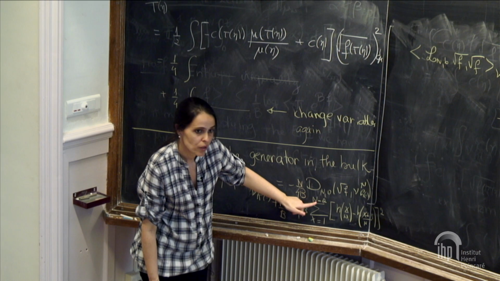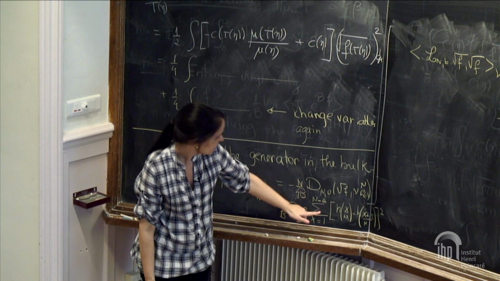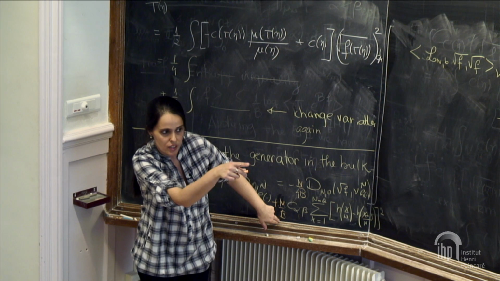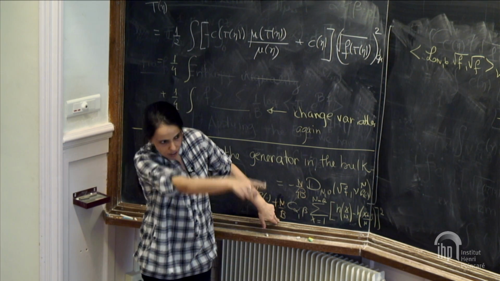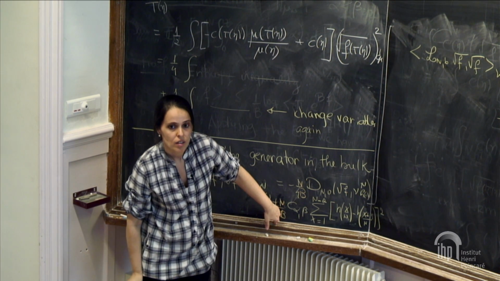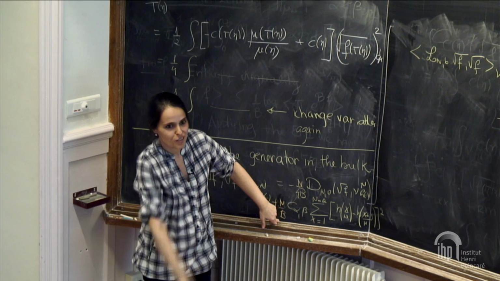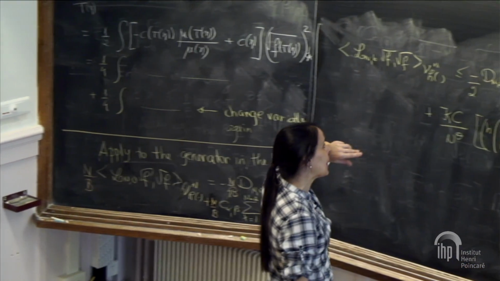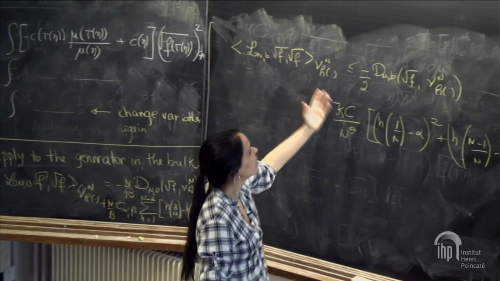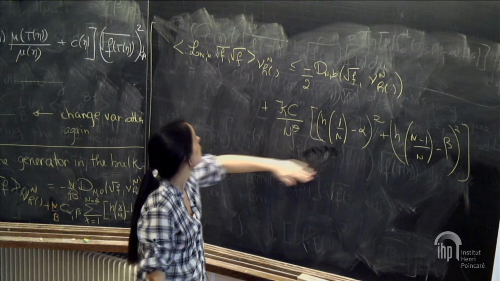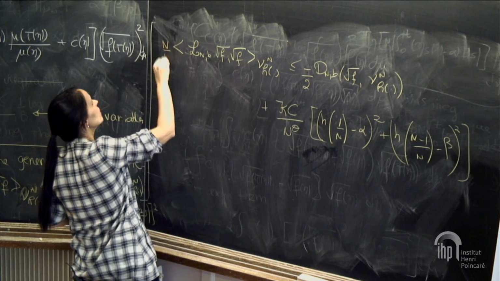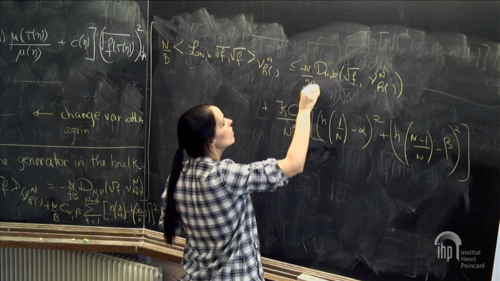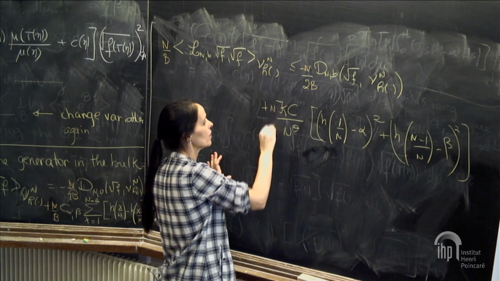I'm summing over n points, so this guy at the end is of order 1 over n. I have an n, so I have C alpha beta over b, which is the guy which is at the right-hand side of the last board. Okay, the last one, the C alpha b. And here we have this. I have to put an n over b, and I have to put here an n over b, and I have to put here an n over b.